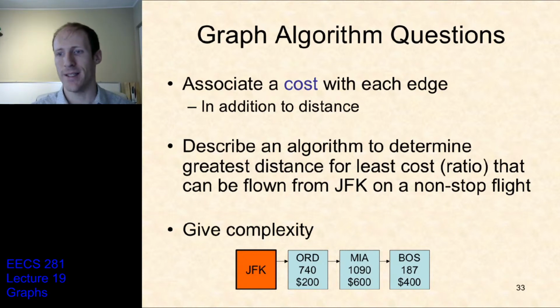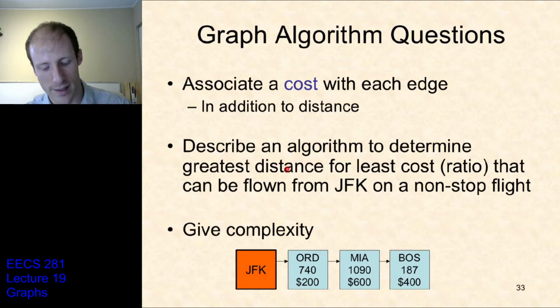So now, let's say we have a cost on each edge in addition to distance. So, we have the distance the flight will go and how much that flight costs. So how can we find the best value flight, where by best value, I mean the greatest distance for the least cost that can be flown from some airport on a nonstop flight?